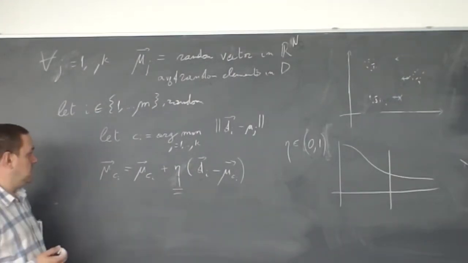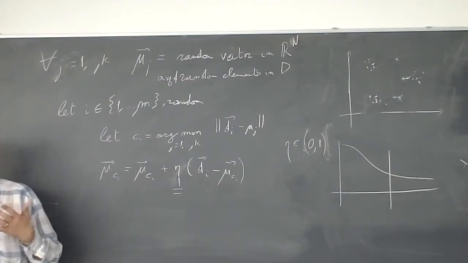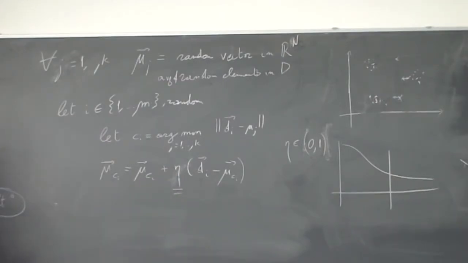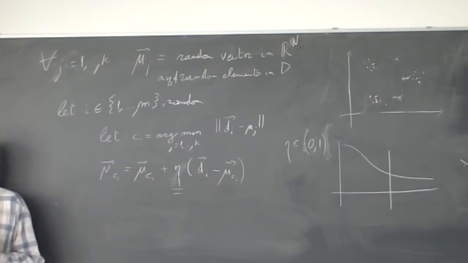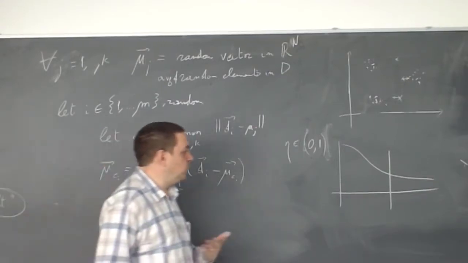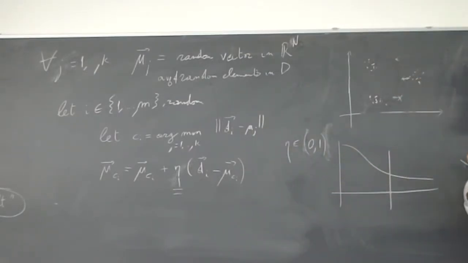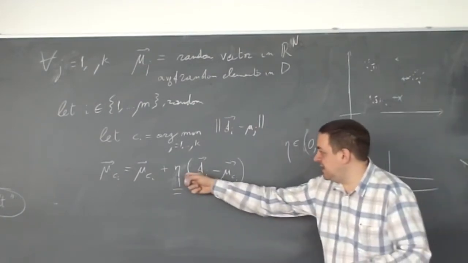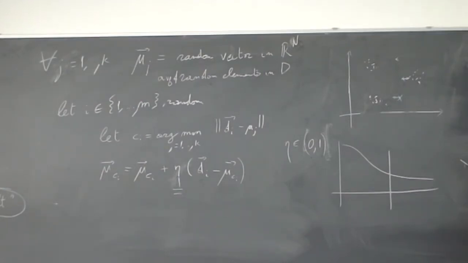We can have variants where the eta coefficient is not constant, but it decreases as the algorithm proceeds. The idea is that you want large jumps at the beginning and then smaller jumps towards the end where only local adjustments are required. So maybe eta, rather than being constant, is going to be decreased.